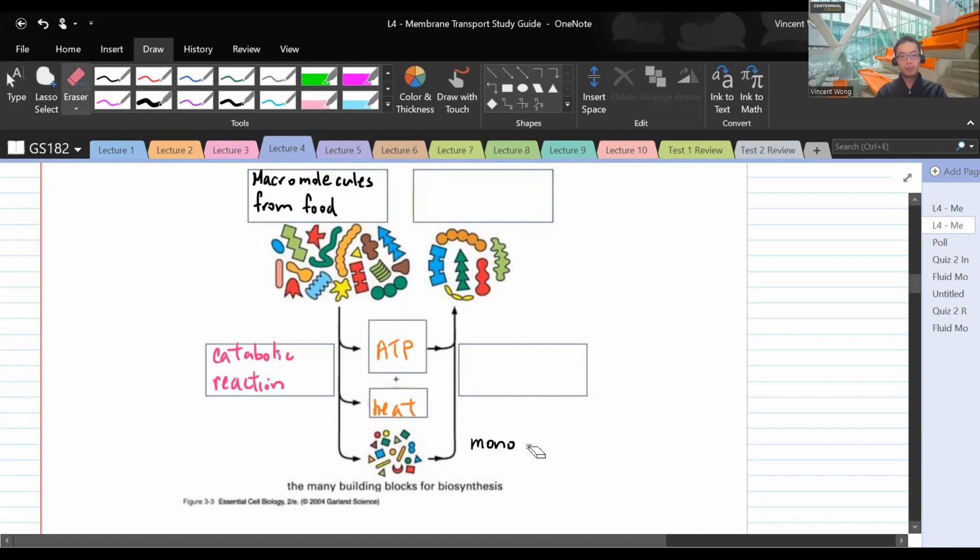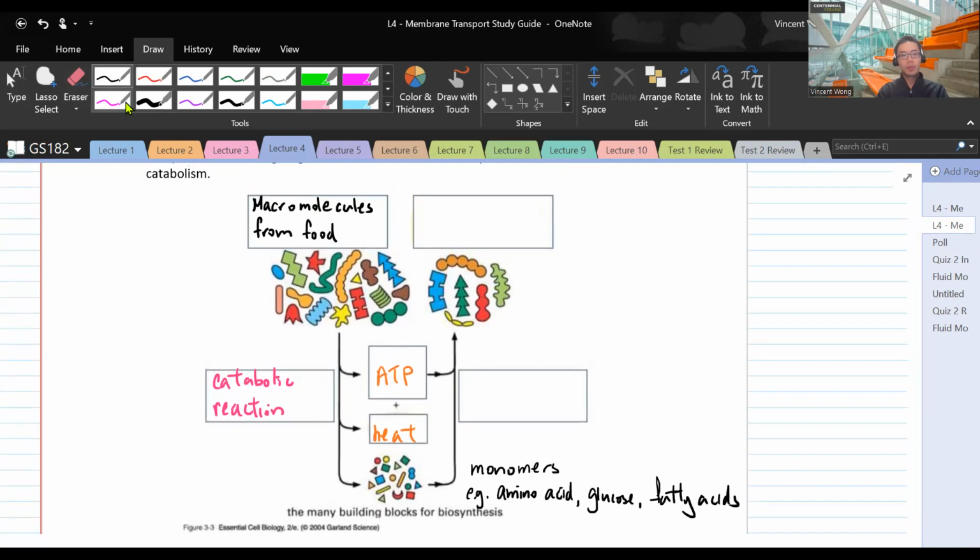Examples of monomers would include things like amino acids, maybe a little bit of glucose, maybe some fatty acids. So all these things are now available for you to use to make molecules that you need. And that's what your cell does.